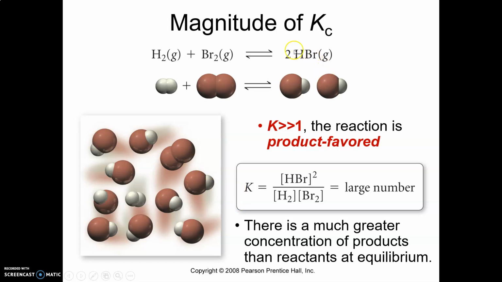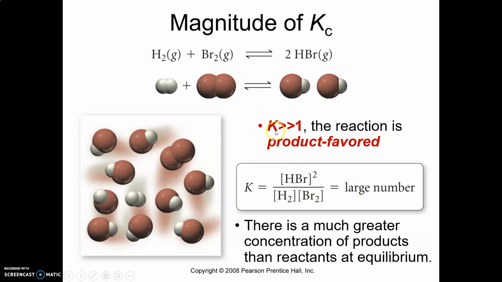Well, concentration of product raised to its coefficient divided by the concentration of the reactants. If K is going to be a large number, think about your fractions. The numerator has to be big and the denominator would be small, okay? Which is exactly what we're talking about here. Lots of products, not a lot of reactants, K is going to be big.